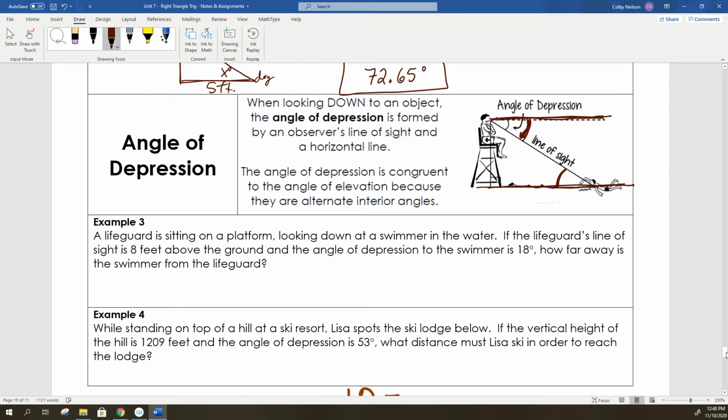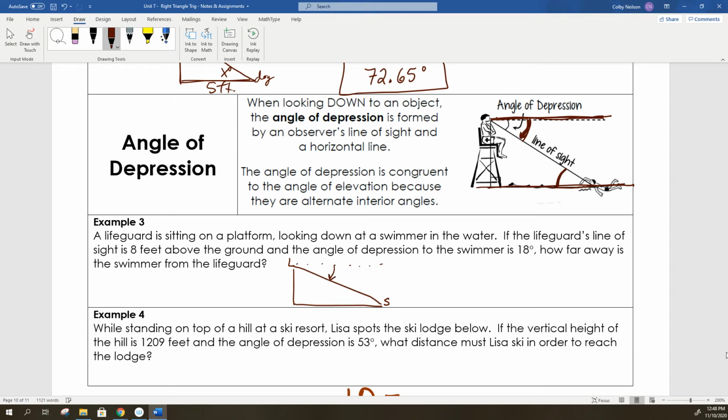A lifeguard is sitting on a platform. Oh, conveniently, the picture is over here. Looking down at the swimmer in the water. Lifeguard, swimmer, looking down. So here's his horizontal line, looking down.